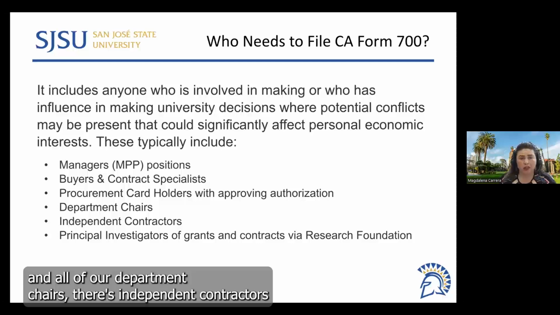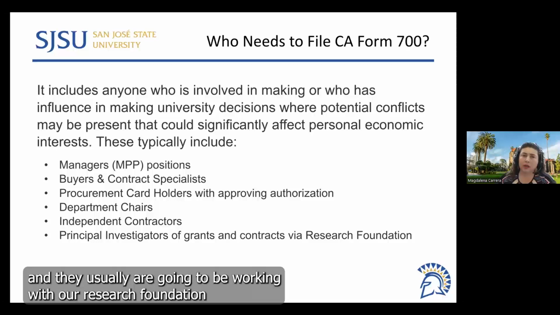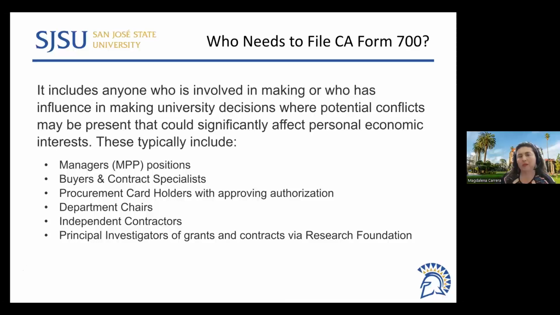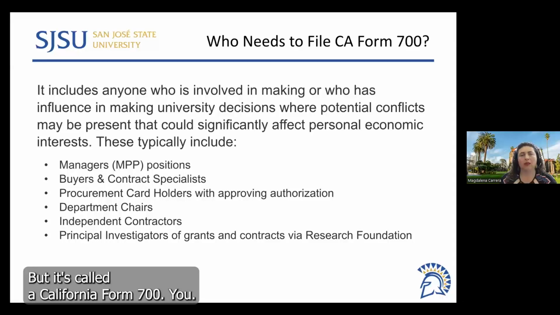And all of our department chairs, independent contractors, and principal investigators of grants and contracts. They usually are going to be working with our research foundation because they actually file a different, very similar form called a California Form 700U.